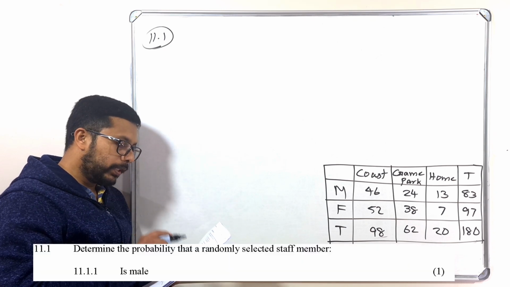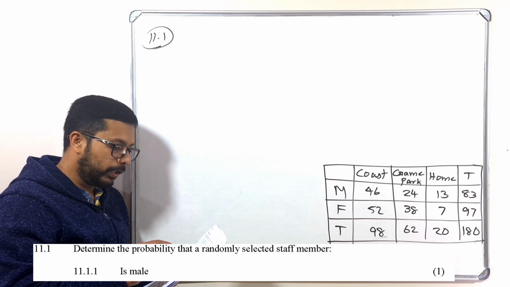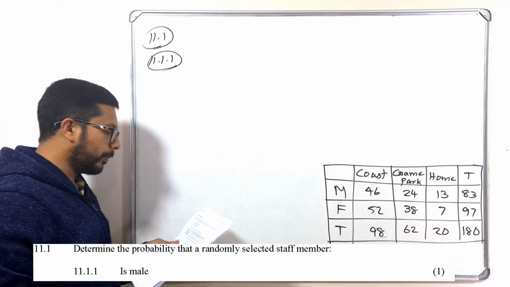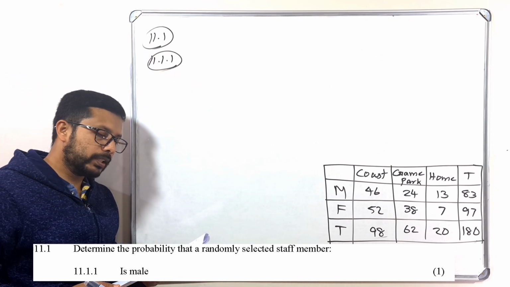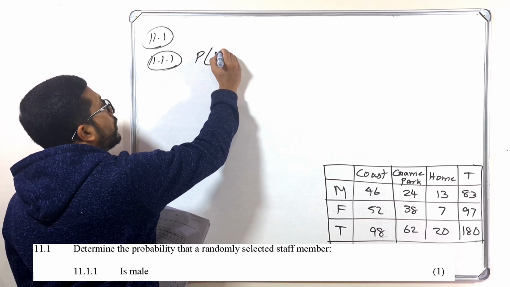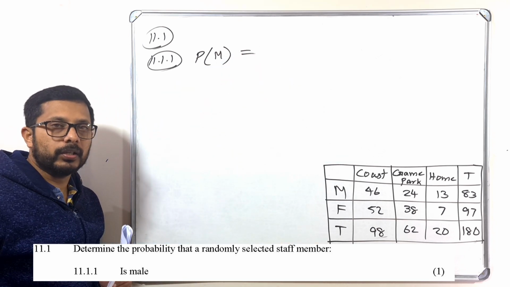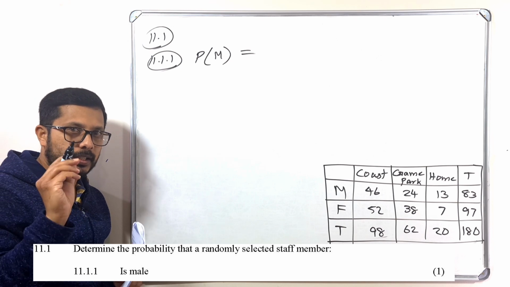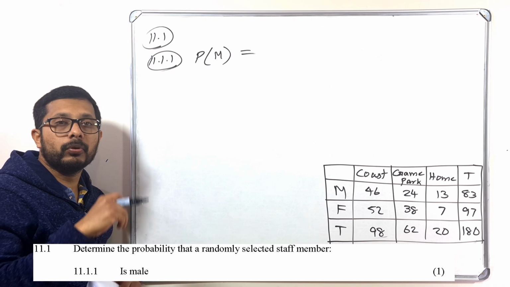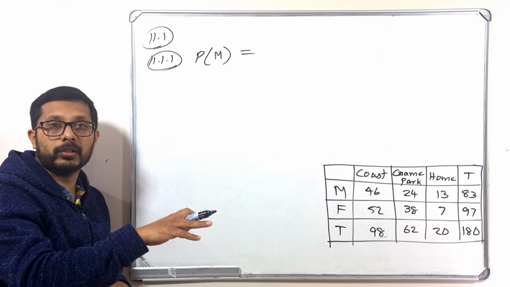Determine the probability that a randomly selected staff member is a male. That means you have to find the probability that a randomly selected staff member is a male. Only one condition: a male. It doesn't matter whether he prefers to go to a coastal area, or a game park, or stay at home.